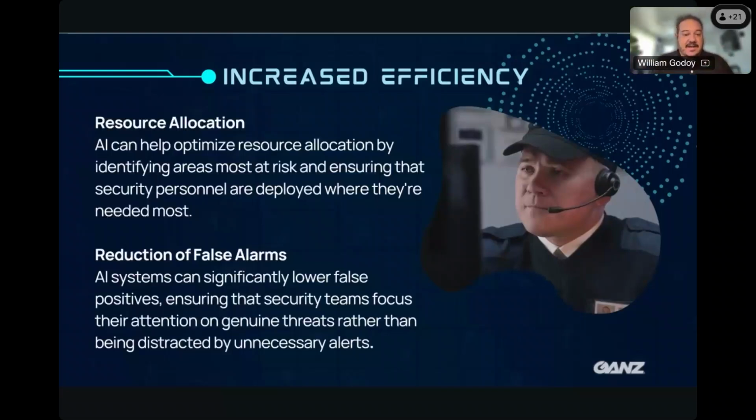On top of that, the AI systems are going to greatly reduce our false alarms, where we may see a box in the particular scene that was detected as a human because of the pixel size, versus actually being a human, right? These machine learning algorithms just know what people look like. And sure, it's not perfect, right? There are going to be some times where it may get it wrong.